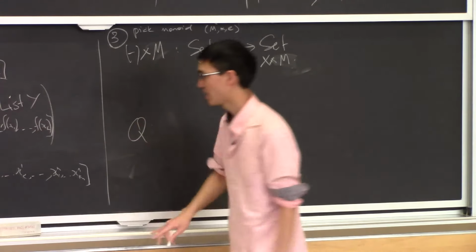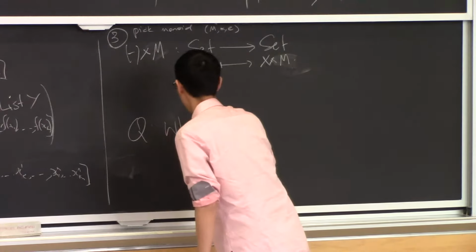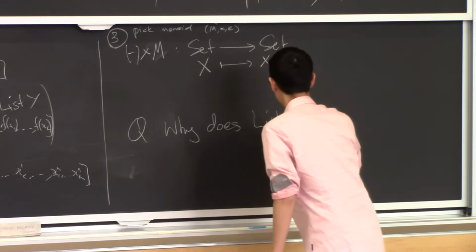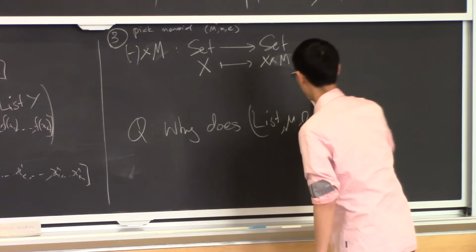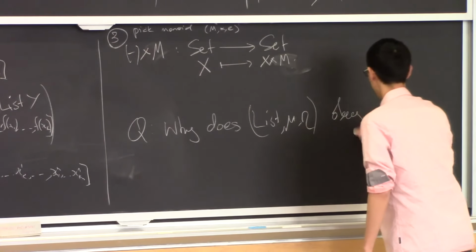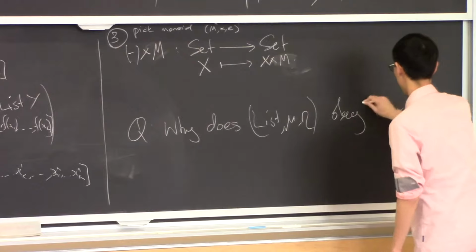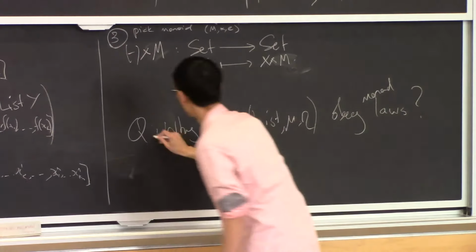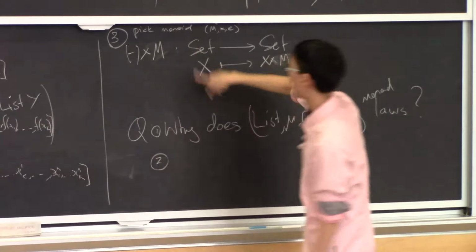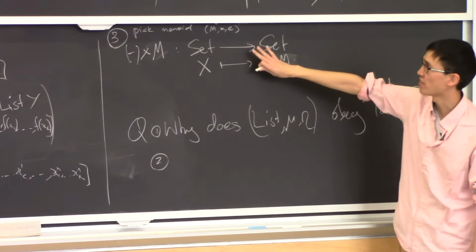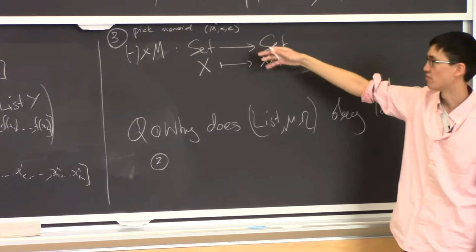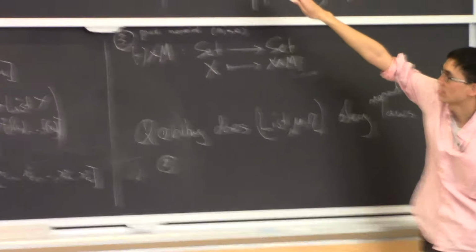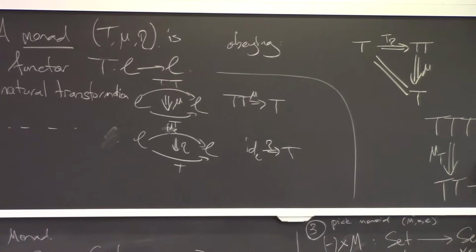One is why does list with these natural transformations, mu and eta, obey the laws, to be more precise, the monad laws? And then two, I've given you a functor, an endofunctor, but for this to be a monad, it should have some multiplication and some unit that obeys these laws.